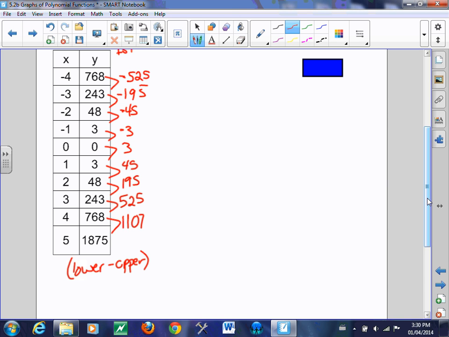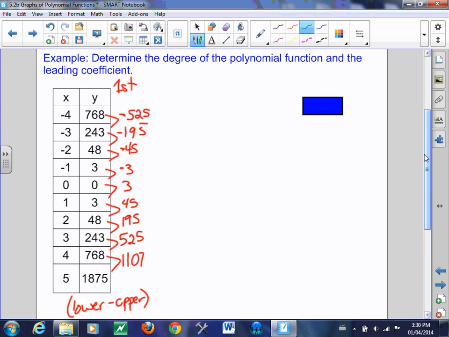So if the first differences were the same, that would tell us it's linear. It's not linear, so we would go on and do the second differences. Start at the bottom. So your second differences: 582, 330, 150, 42, 6, 42, 150, and 330.